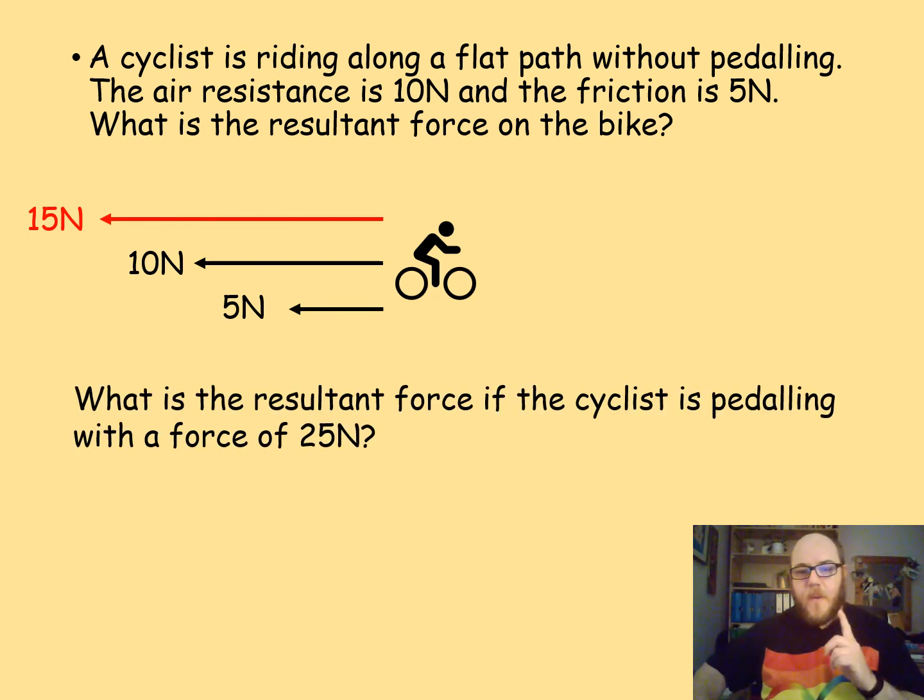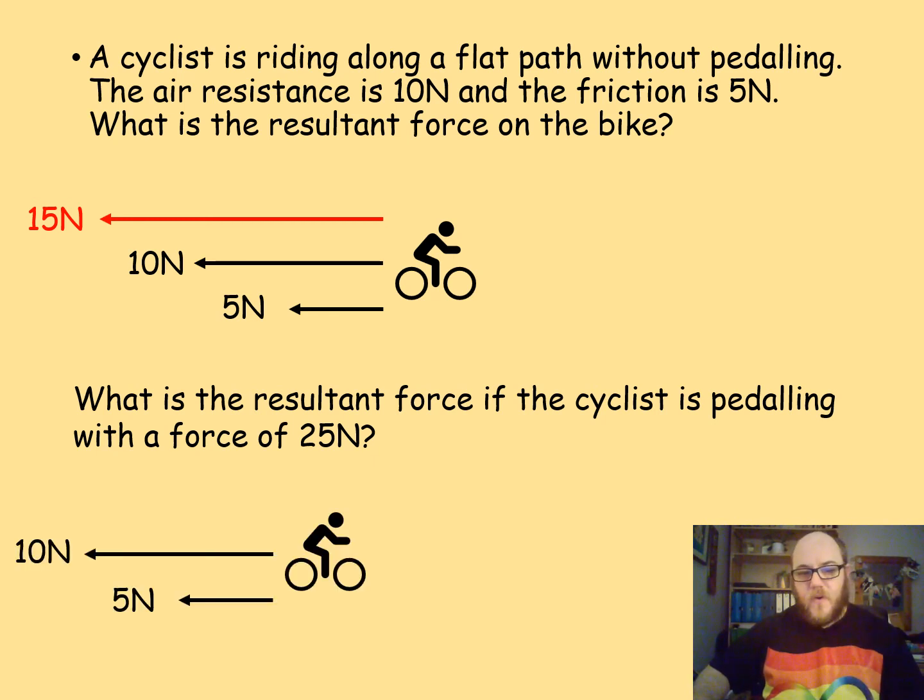However, if you are pedaling with a force of 25 newtons, that means you have a force going in the positive direction you are traveling. So you have your cyclist, you've still got your 5 newton force, and you also have the 10 newton air resistance. Now you add a 25 newton forward thrust.